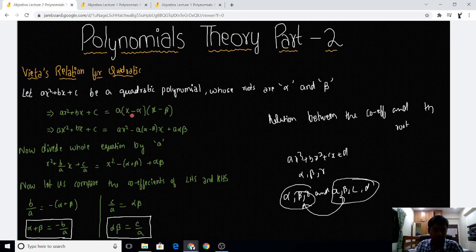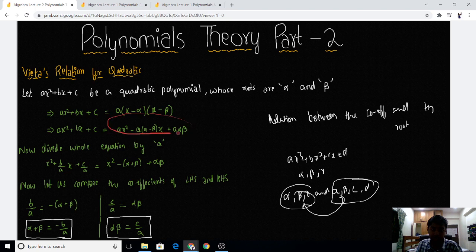Now I'm just expanding this. x into x is x square, a into x square is ax square, then a into x into minus beta, plus a into minus alpha into x. So I'm expanding everything and simplifying it.